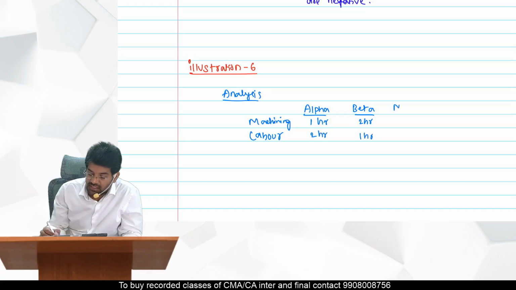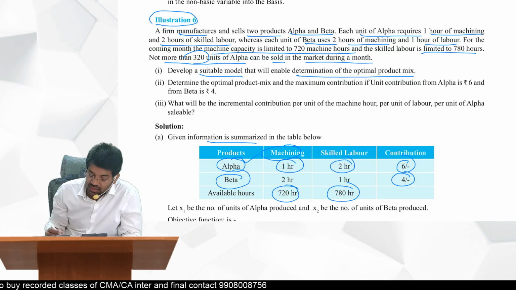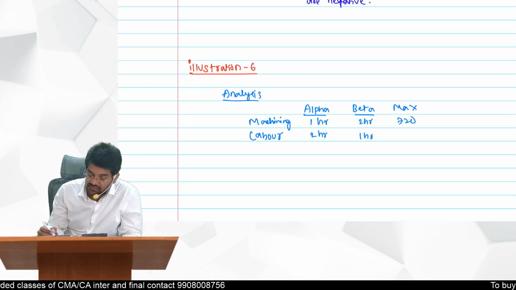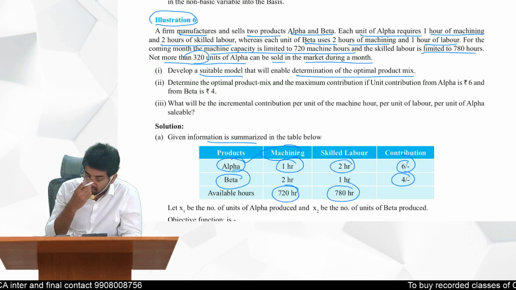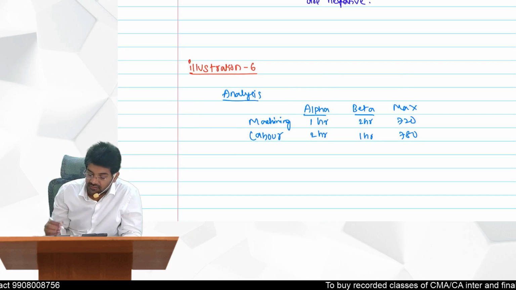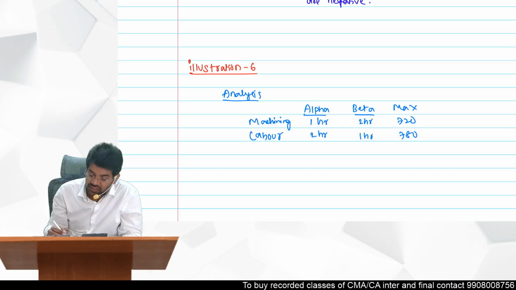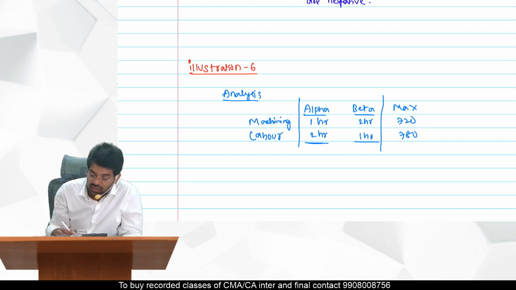And what is the maximum time available here? 720 hours for machining. Labor 780. So here, apart from this, what else they have given here is, what is the contribution per unit?